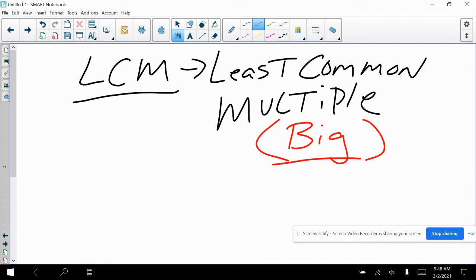Again, remember the greatest common factor and the LCM kind of play tricks on your brain. Greatest actually means it's going to be a small number. Least, we think of something small, but it's actually going to be a big number.